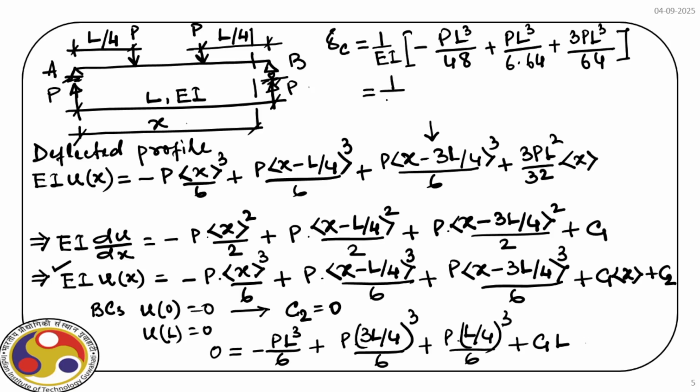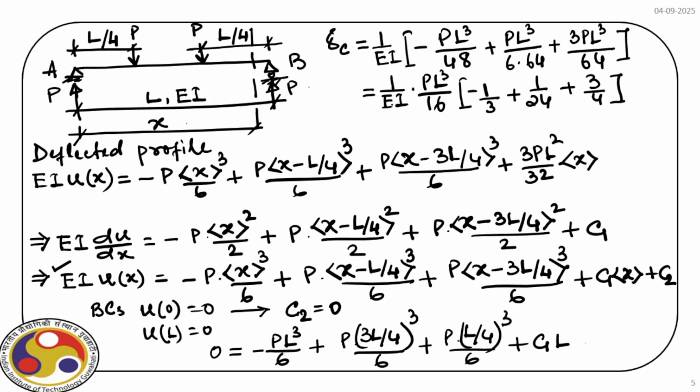Now, if we simplify this expression, we have 1 by EI, and then we take PL cube divided by 48 outside. Actually, we can take 16 common. So PL cube by 16. Within bracket, we have minus 1 by 3, then plus 1 by 24, plus 3 by 4.